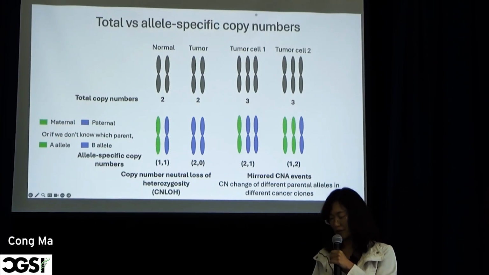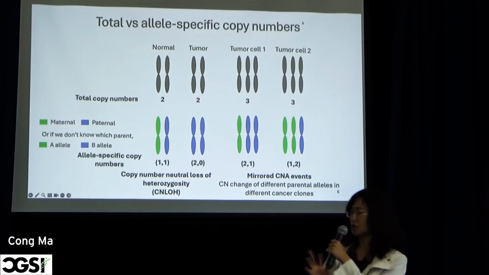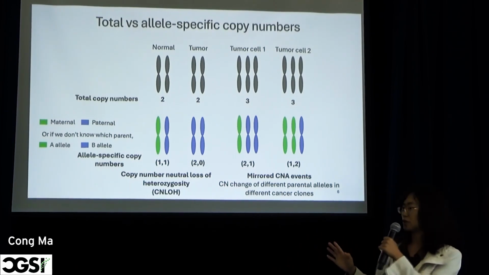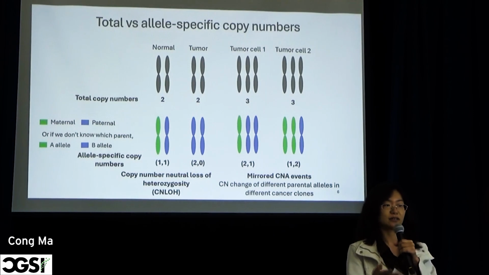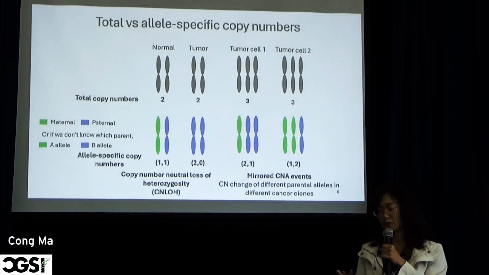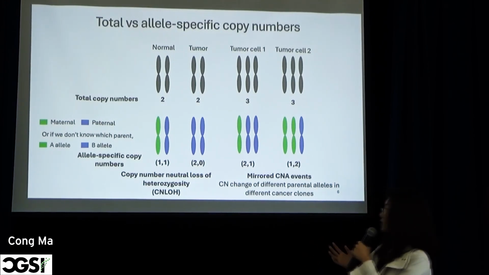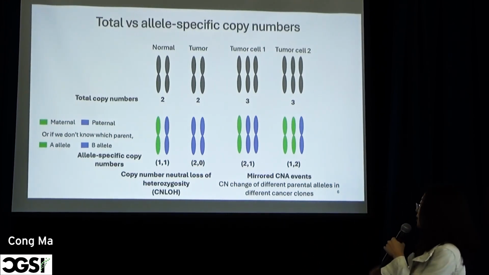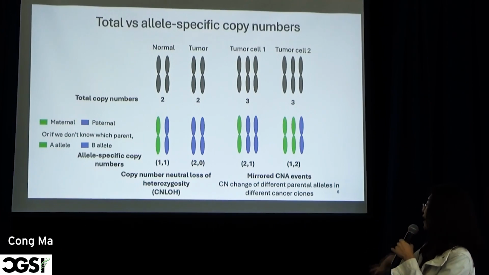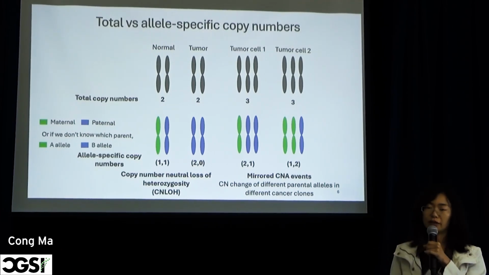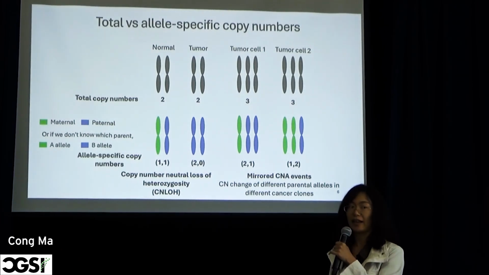Allele-specific copy number means we distinguish between the two parental alleles and count the copy number of each parental allele separately. It's important to distinguish between the alleles because it reveals a more comprehensive picture of what the copy number aberration looks like.